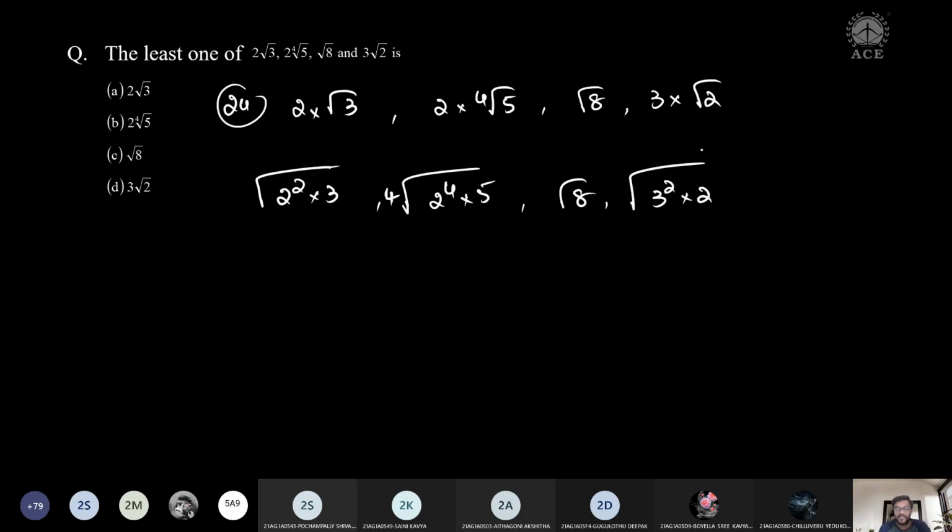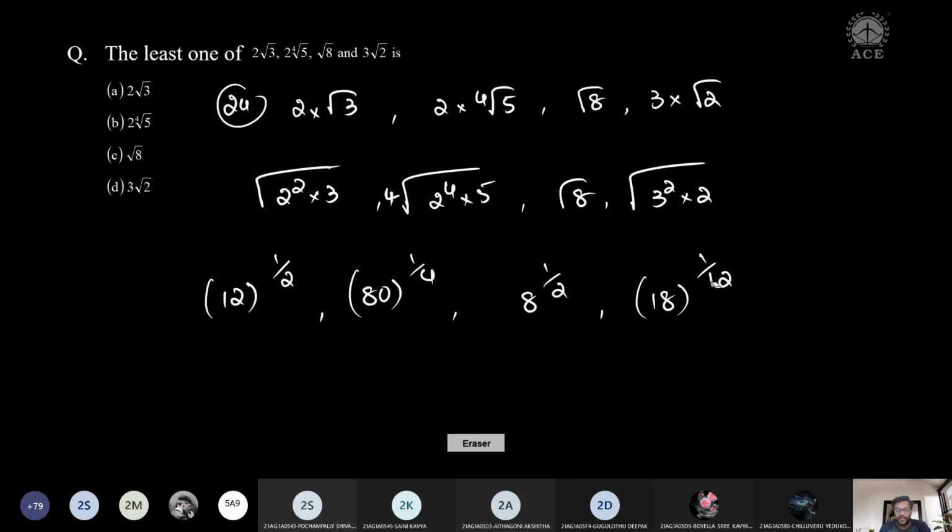Now this is 9 into 4 into 3, 12^(1/2). 16 into 5, 80^(1/4). This is 8^(1/2). This is 9 into 2, 18^(1/2).